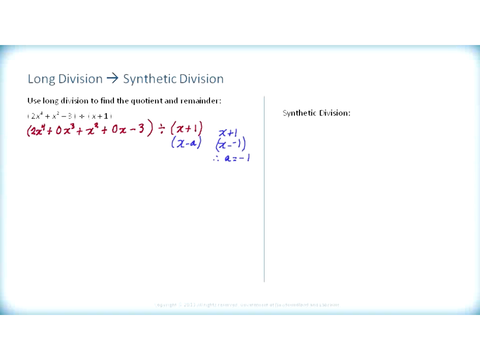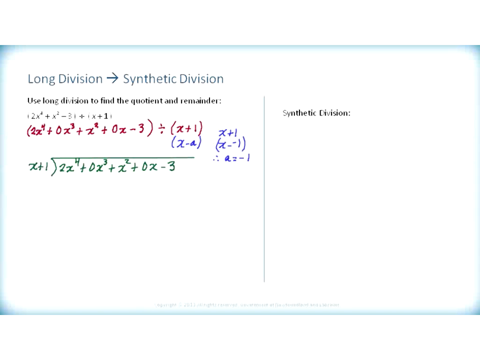Let's set up the long division. We have x plus 1 as our divisor, and that will be divided into our polynomial given by 2x to the 4 plus 0x cubed plus x squared plus 0x minus 3. We start off with x multiplied by what is 2x to the 4?